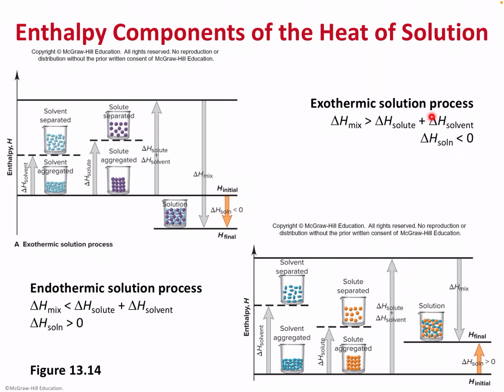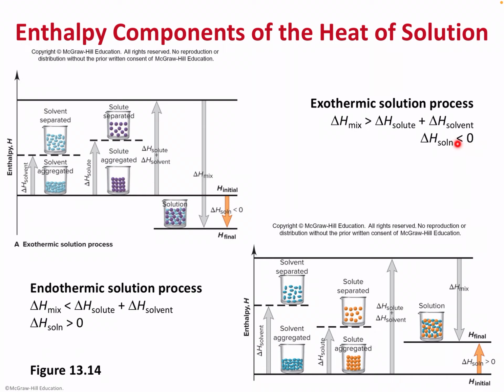So the exothermic solution process, delta H mixture over here is greater than the delta H solute and the delta H solvent, and then the delta H solution is going to be at the end less than 0.